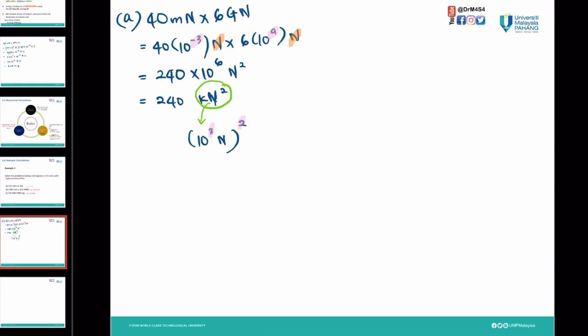So we get back into 10 power of 6 Newton square, or similar to kilonewton times kilonewton. That's why we get that answer.